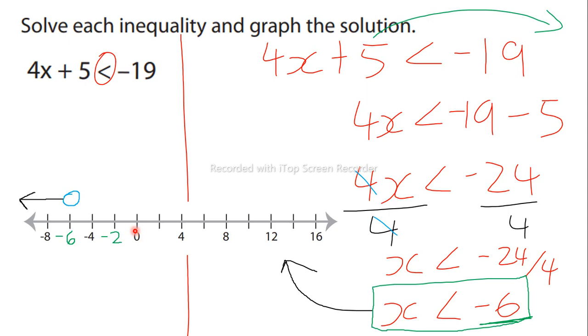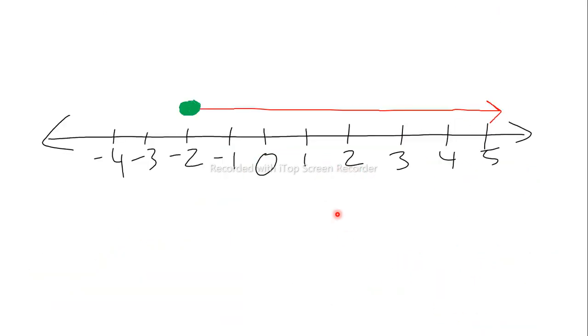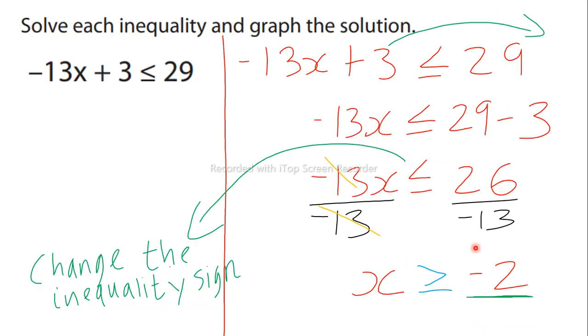So you could count in ones for this one, or you could count in twos, or you count in threes. The idea is you always want to have the -6 on the graph. You want to have whatever you're trying to illustrate on the graph. So for this one, we needed -2. We need that for sure on the graph.